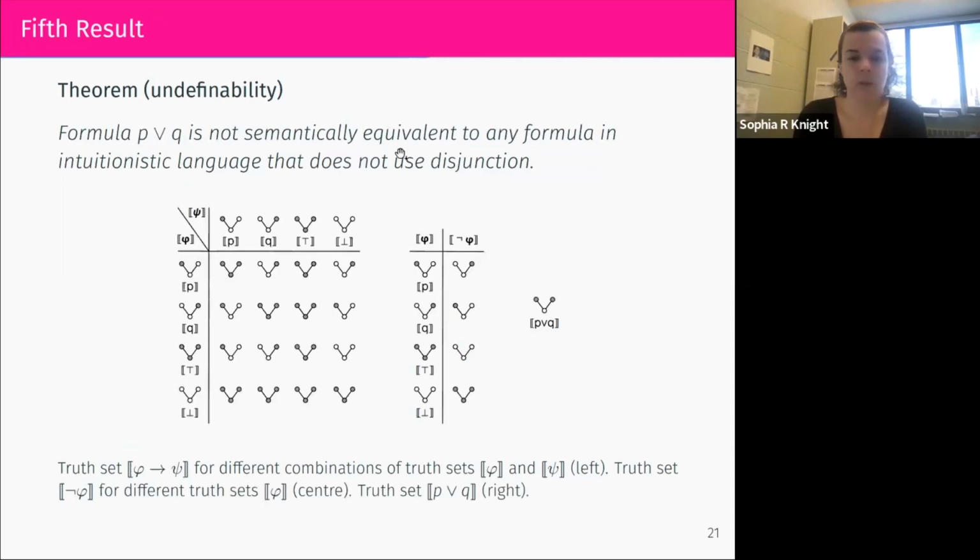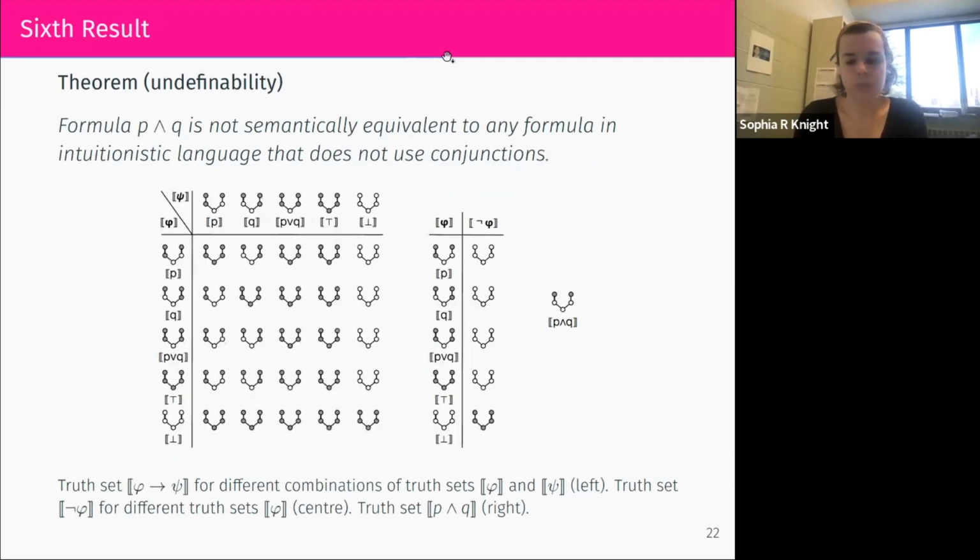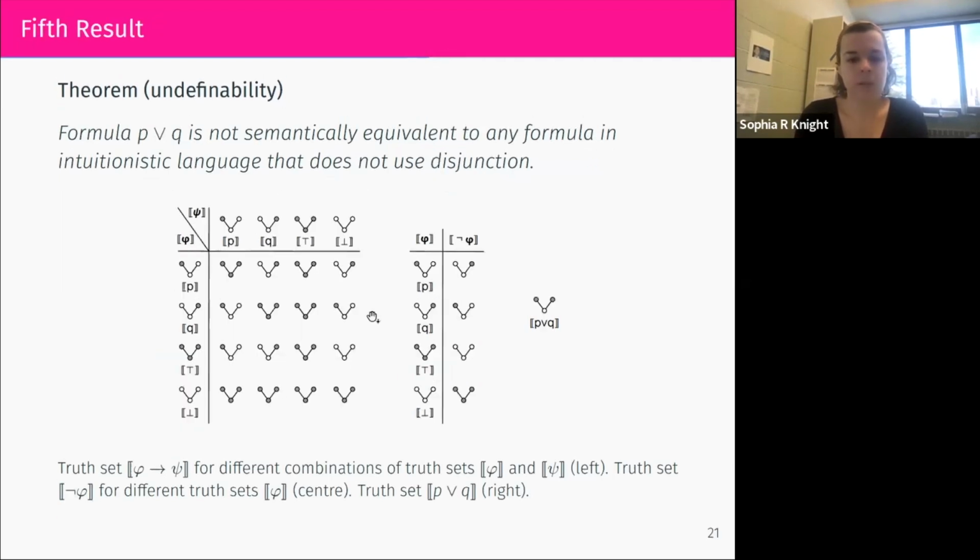And we can prove that OR is undefinable without OR. So here we have our truth set algebra for implication. Here we have our truth set algebra for negation. And we're actually taking the closure of the union of these two sets. So we have all our formulas, and then our negation formulas don't change that.